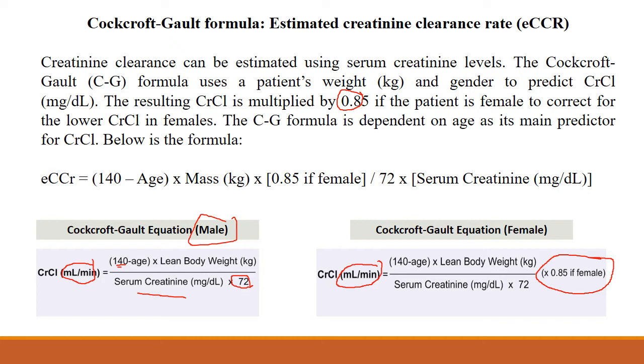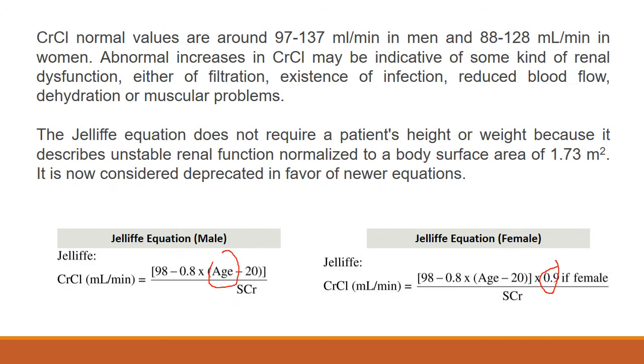Remember the resulting creatinine clearance is multiplied by 0.85 if it is a female patient. But if male, there is no multiplication by 0.85. So you have to memorize and remember this formula for Cockcroft and Gault.